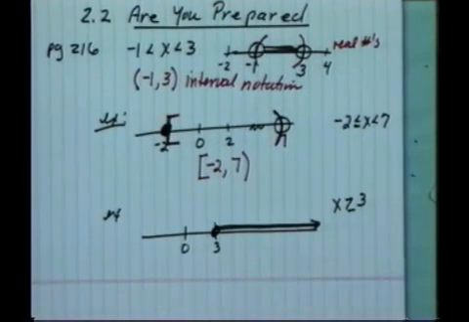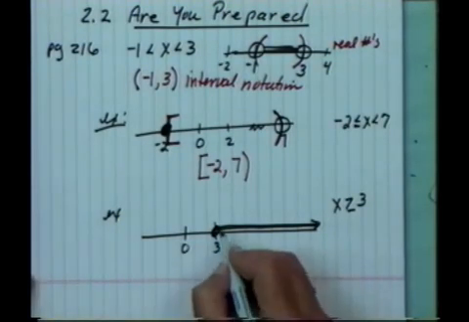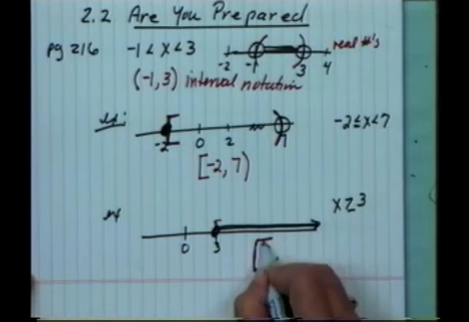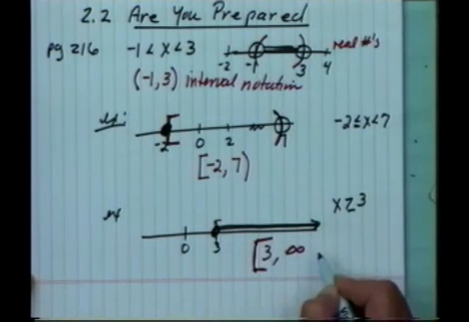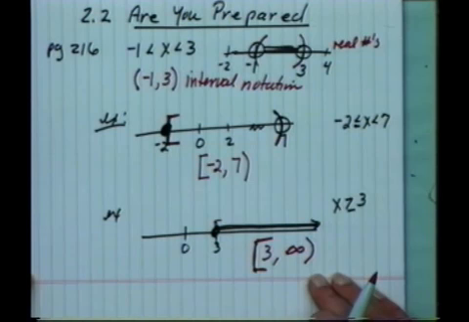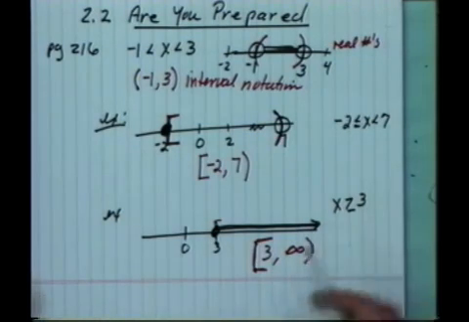Okay. What's the interval notation? Square bracket, 3, infinity, parenthesis. Is it parenthesis or square bracket? Why parenthesis? All right, you can't hit infinity. There's always another bigger number, so it's always a parenthesis with infinity.